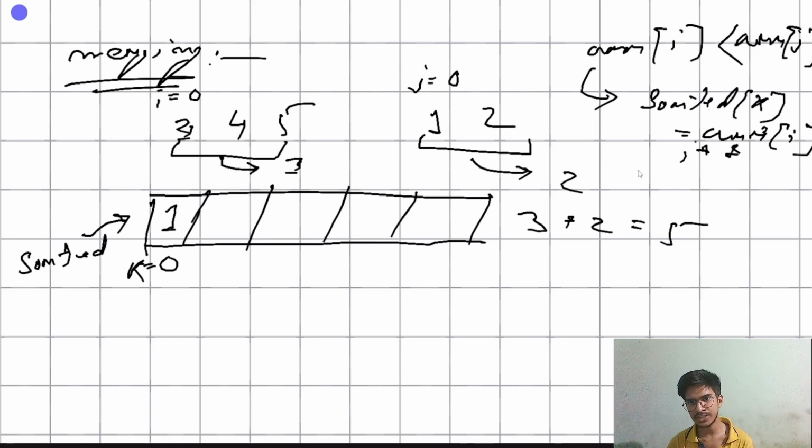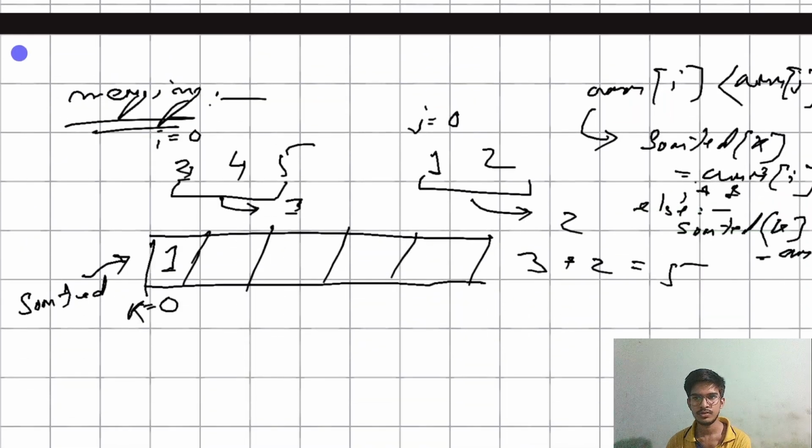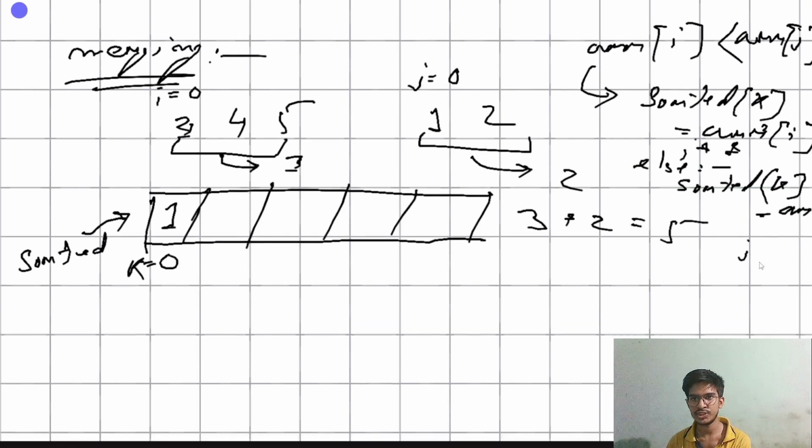And if this condition gets false, this is not true, in that case we'll add sorted k equal to ARR of j. In this case, we'll add j, and j will be plus plus, and at the last we'll do plus plus k.